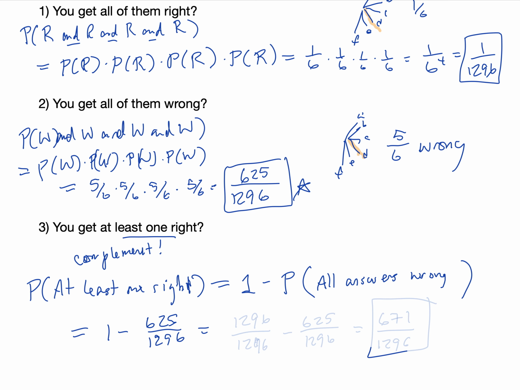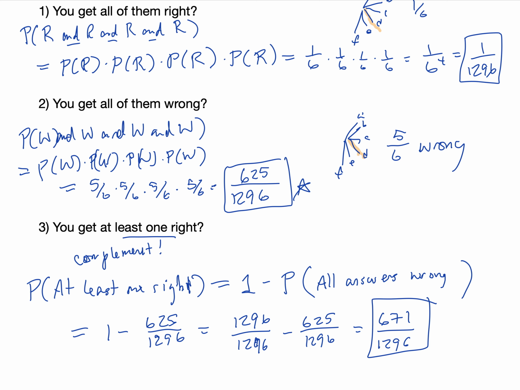If we're subtracting fractions, we need a common denominator. So that's 1296 over 1296 minus 625 over 1296. And then we just need to subtract above. And so we're left with 671 over 1296.